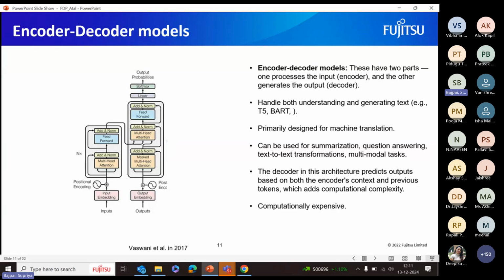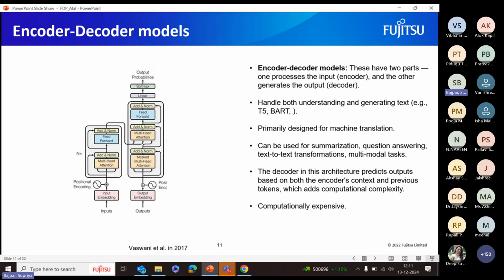If you look at the encoder models, they need the entire sequence of data, and they learn the embeddings and generate a context vector, which represents the crux of the information provided at the input.